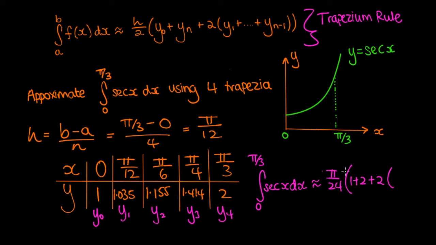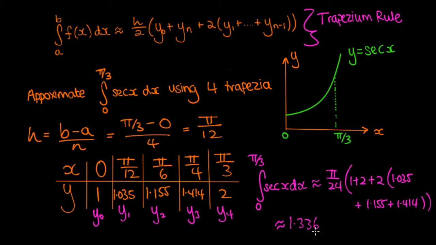So we have 1.035 plus 1.155 plus 1.414. And the answer comes out as 1.336 to 3 decimal places.